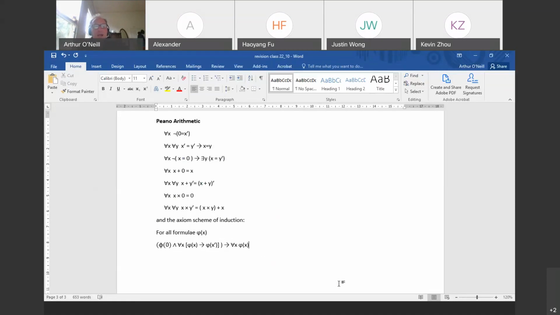Then for any natural numbers x and y, if the successors of x and y are equal, then x equals y. So the successor doesn't branch out. It's just one line of numbers. Then for all x, if x isn't equal to 0, then there's a y such that x is the successor of y. So apart from 0, all other natural numbers have a predecessor.